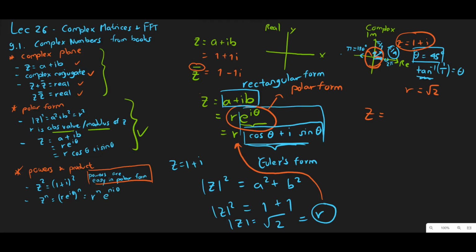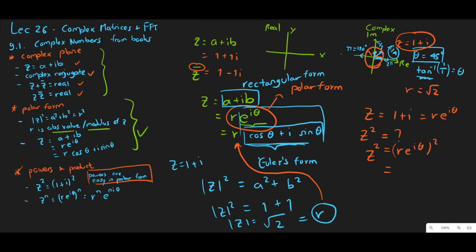We have again z equals 1 plus i, really simple, and you want to find z squared. It is easy in the polar form, so let's use that. Remember that z is equal to r times the exponential of theta i.